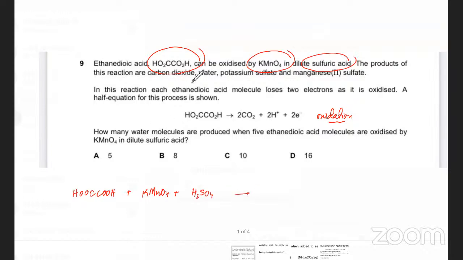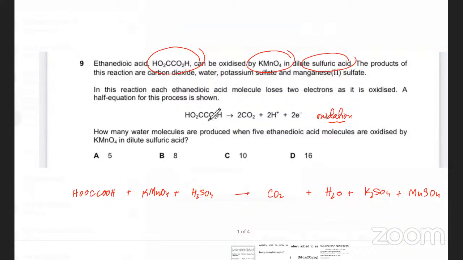The products of the reaction are carbon dioxide and water, and potassium sulfate, which is K2SO4, and manganese(II) sulfate, that's MnSO4. That's the whole equation. Ethanedioic acid can be oxidized by KMnO4 in dilute sulfuric acid. The products are these, and I've written them all down.